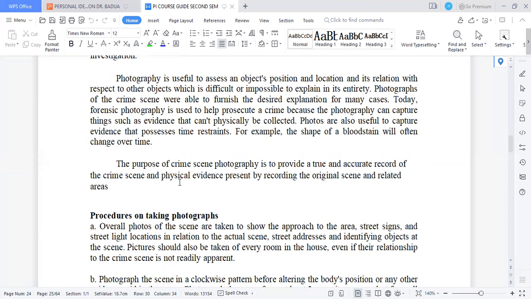But what is important, being a future law enforcer, you have to adhere to your ethical standards. You have to work with integrity and dignity. You have to be honest as to what is present in the crime scene, and of course, as to what is present in the photograph that you will obtain. So do not do the editing just to cover up the involvement of a certain person, which would again hinder the administration of justice.